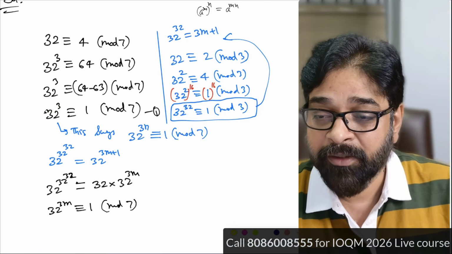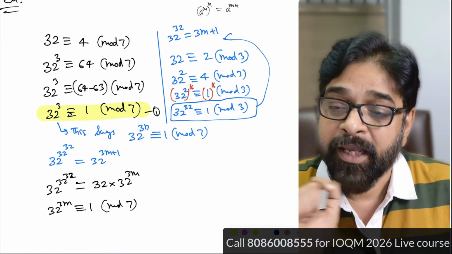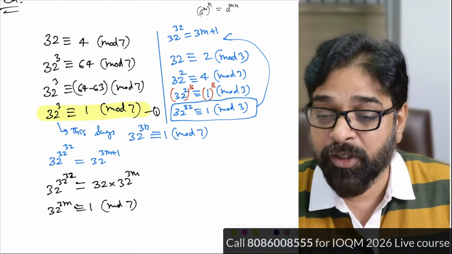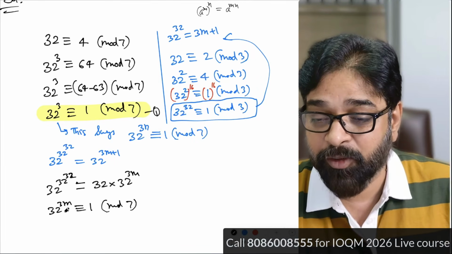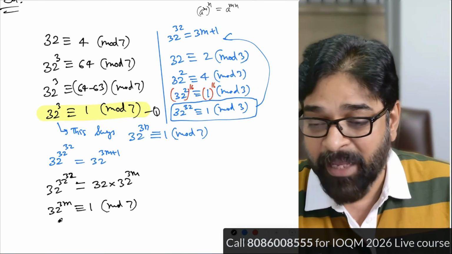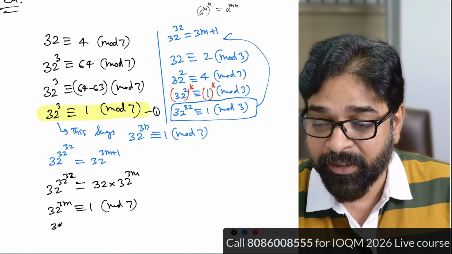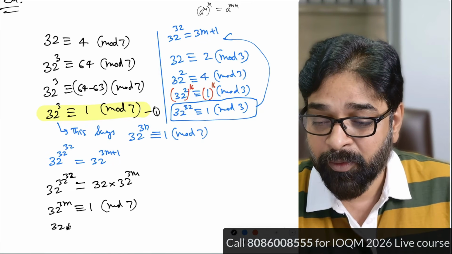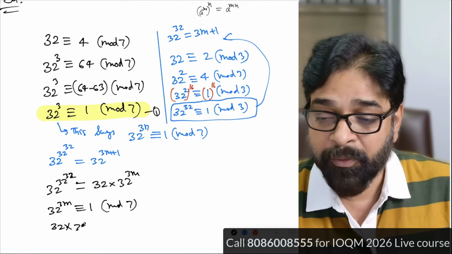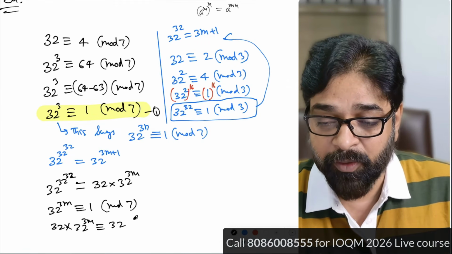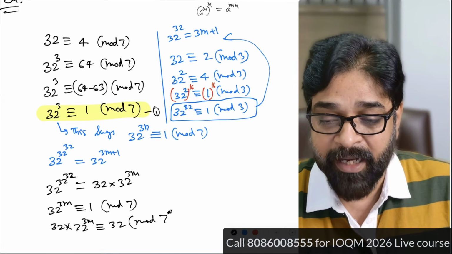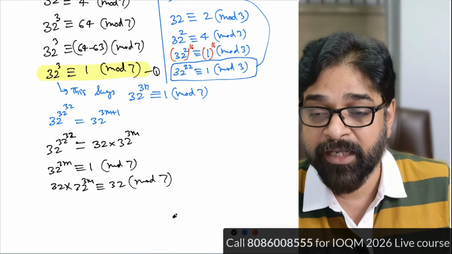I wanted to get 32 to the power 3m, and I got it. Multiply both sides by 32, and you get 32 times 32 to the power 3m congruent to 32 modulo 7. Nothing else I did, I just multiplied 32 on both sides.